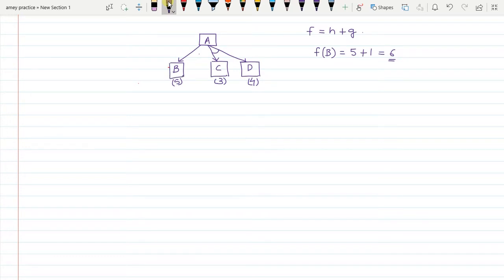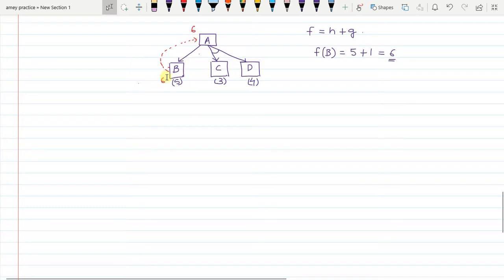So far what we have done, I will be using red color to denote F values. We found out F of B so far, and it is 6. So B gets the value 6, correct? And this same value 6 will be propagated to its parent. Please note students, the value that is propagated from B to A is not 7, it is not 6 plus 1 unit.